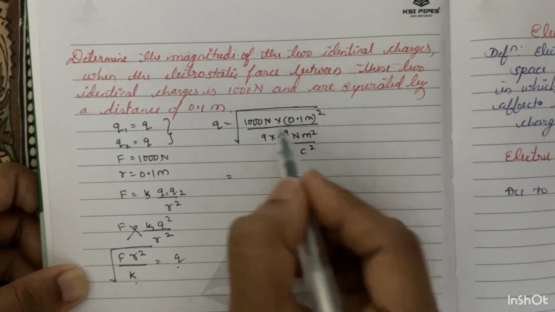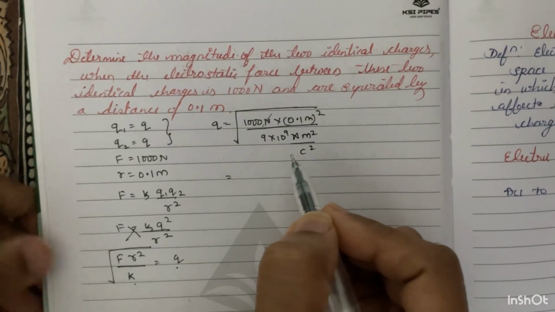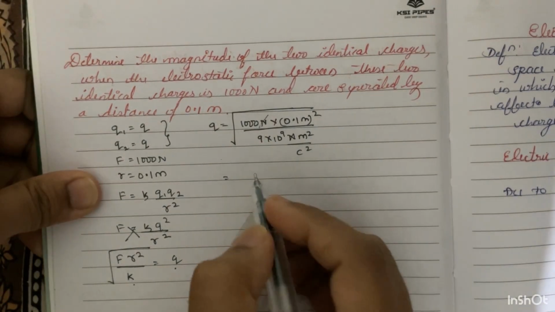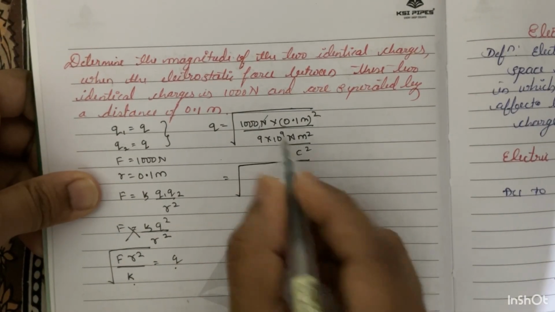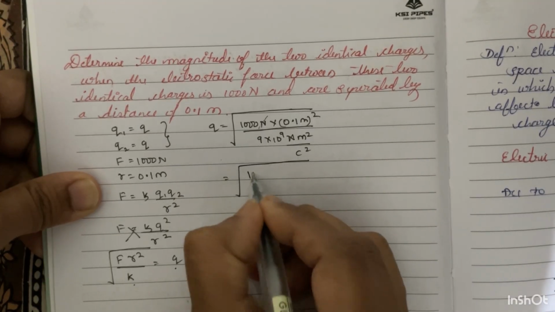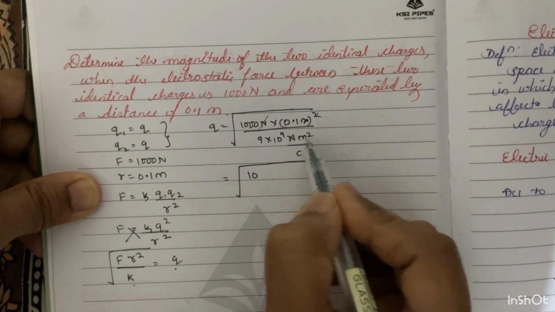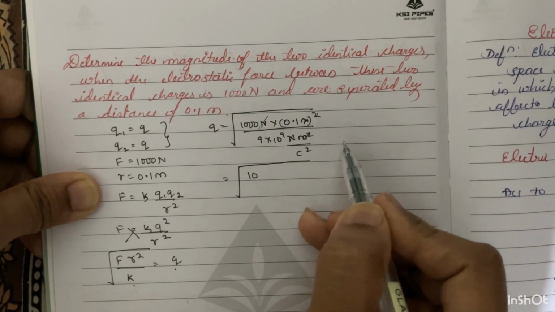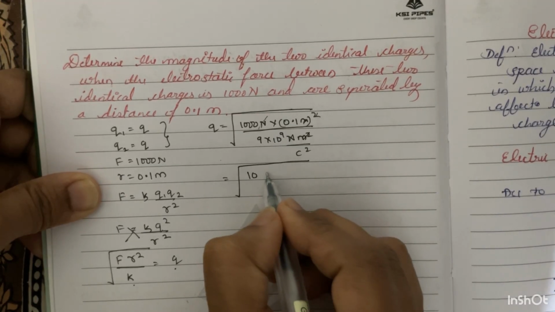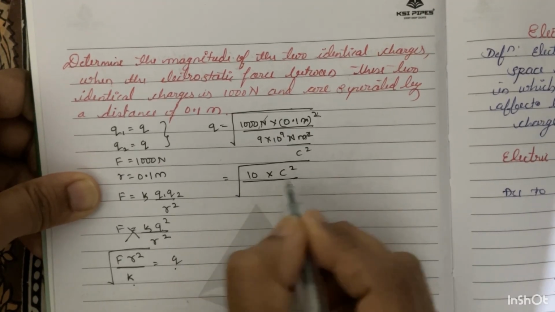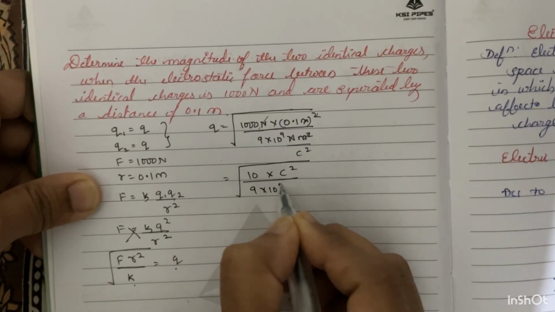Now in the next step, this newton will get cancelled, and I multiply 1000 into 0.1 into 0.1, which gives 10. The meter square and meter square get cancelled, and C square, when I take the reciprocal, comes in the numerator, divided by 9 into 10 raised to the power 9.